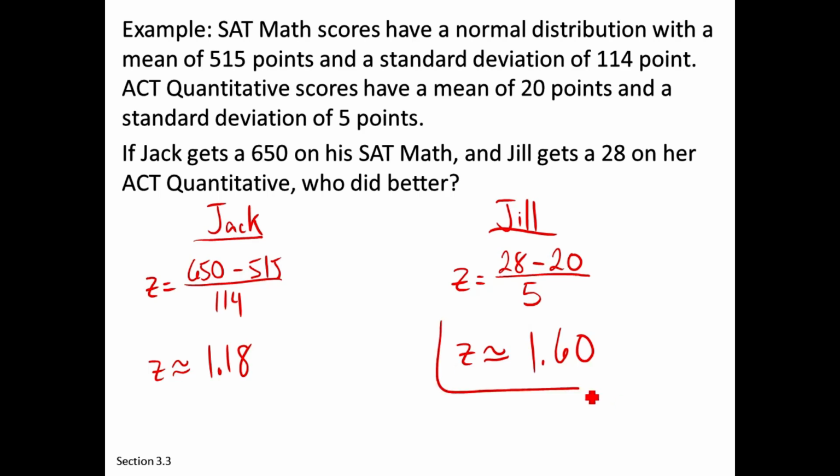Even though they were both above average, compared to other test takers, Jill actually outperformed ACT takers more so than Jack outperformed SAT takers. So that's another advantage to talking about measures of relative standing. They help tell us where they are relative to their population. All right?